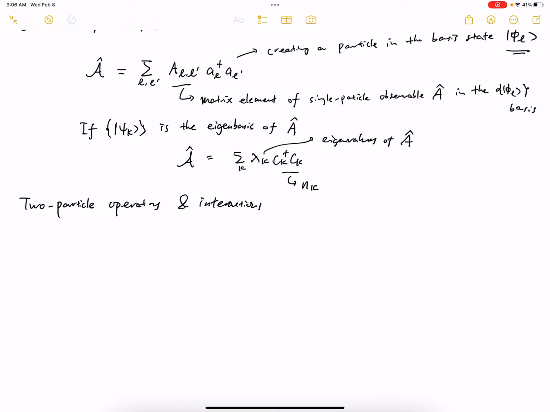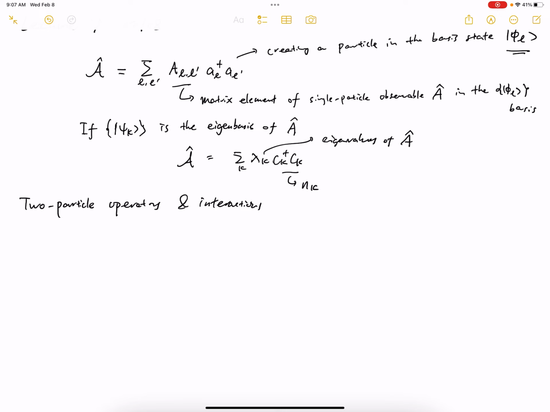This is also where things get more interesting, because if you're only looking at single particle operators, you're only considering the properties of individual particles, and interactions don't play a role. So this cannot capture any operator that describes interactions between two or more particles. We're going to focus on operators that represent interactions of two particles.